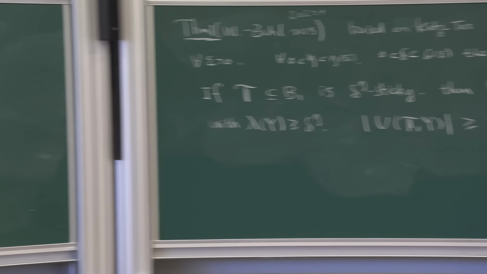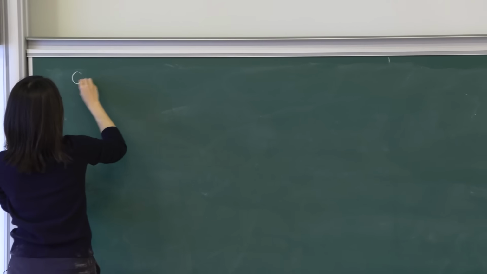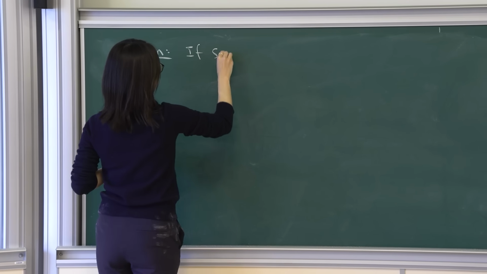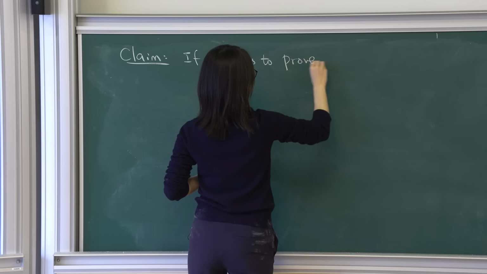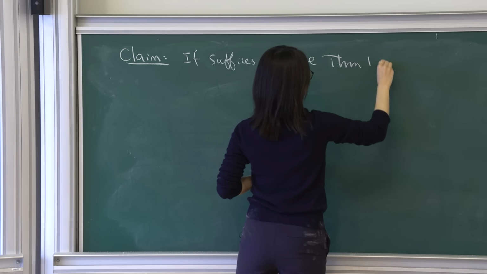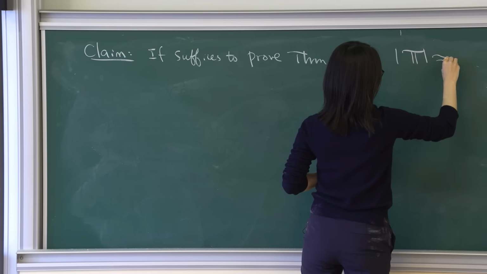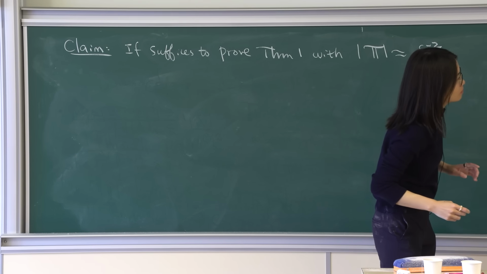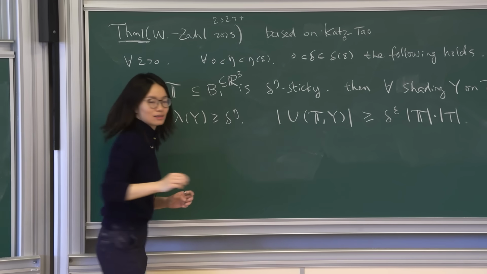Okay, so I'm going to do the first claim. It suffices to prove theorem 1 with the additional assumption that the set of tubes is roughly delta to the minus 2 in R3, because it's going to be important that this is in R3.